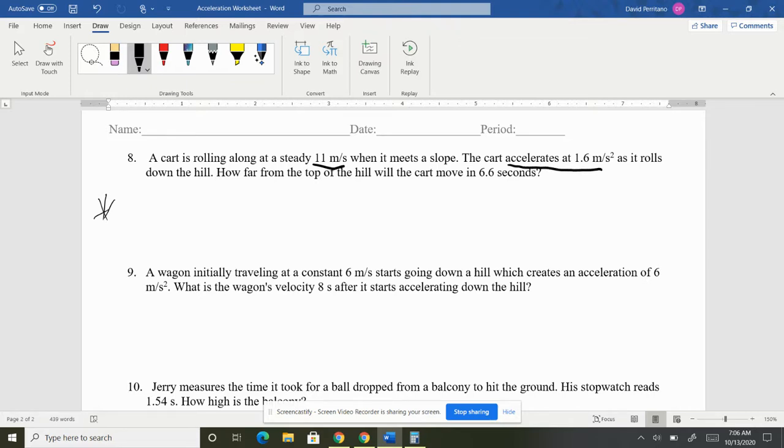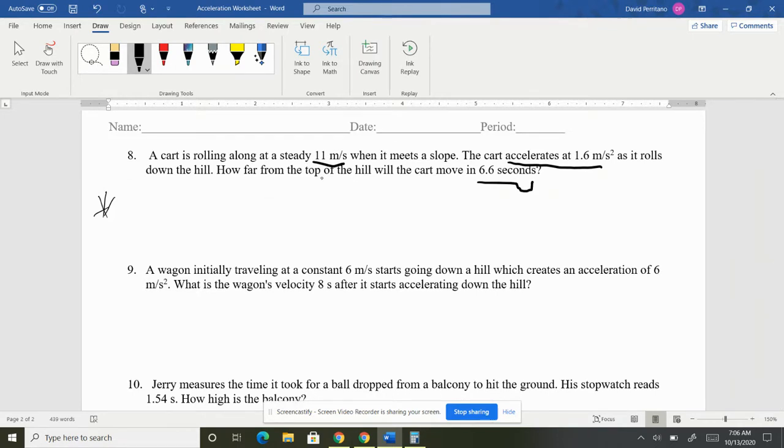So it's going that fast, meets a slope, accelerates, and I have a time. So I'm being given a velocity, and it says it's rolling along, so this is like an initial velocity of 11 meters per second. I've been given an acceleration of 1.6 meters per second squared, and I'm being given a time of 6.6 seconds.